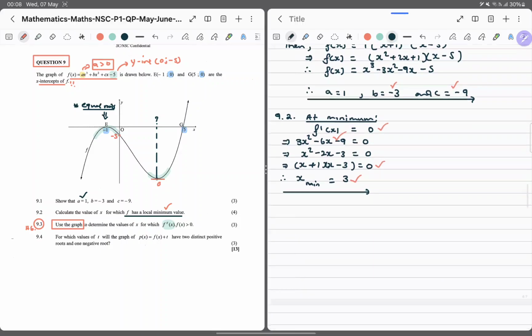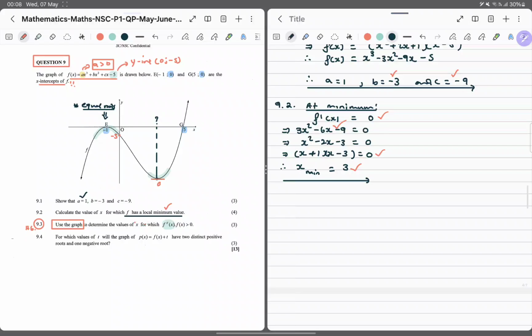They're good for later. Now it says we need to determine the values of what? X. For which f double prime x, meaning the second derivative of x. But now this means y values of the second derivative function, multiplied by the y values of f.